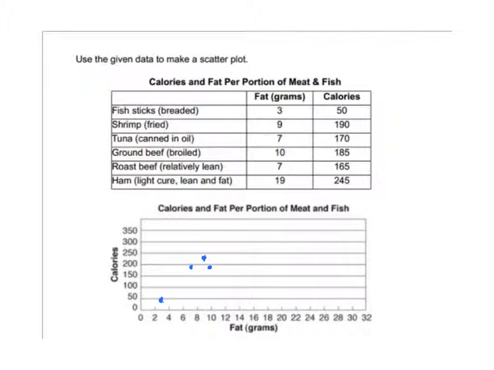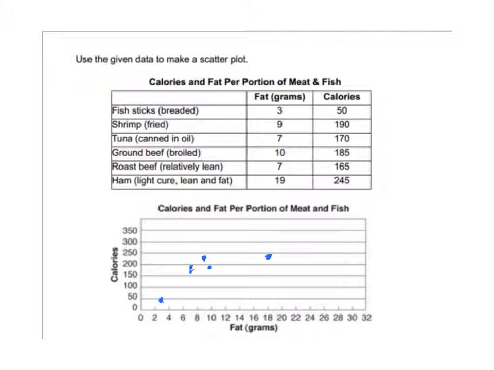And then 7 is 1. And notice I'm kind of guessing a little bit. Here's another 7 grams, roast beef, relatively lean, has 165 calories. And then ham has 19 grams of fat and 245 calories. So that's your scatter plot. Honestly, that's all that is. And then on the next screen, we're just going to analyze what this data means.